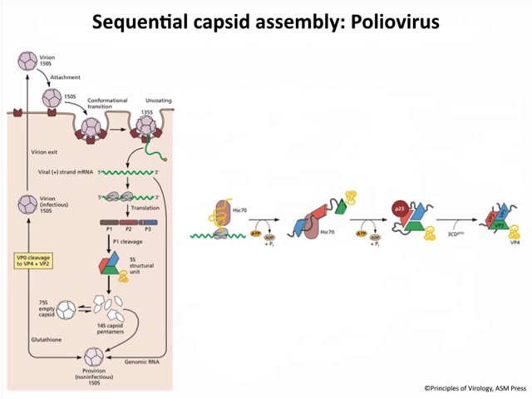And here is that same pathway which I just showed you, except we know that it involves a chaperone. And I'm showing you a cellular chaperone here, HSC70, participating in the proper folding of this protomer, and a second chaperone here participating in the proper cleavage.